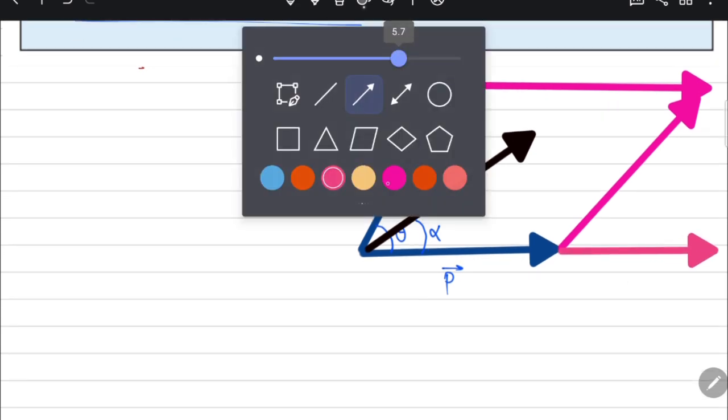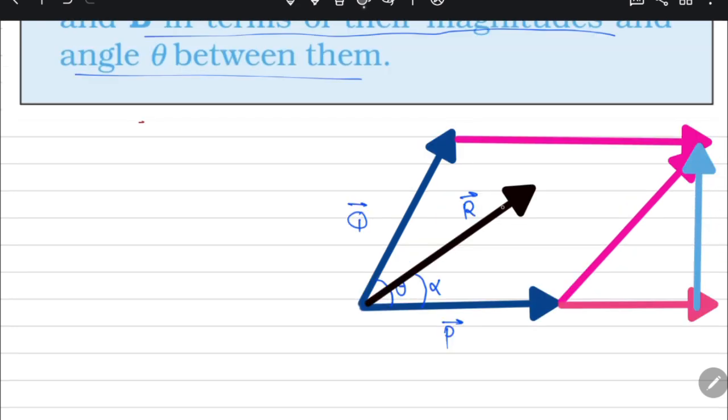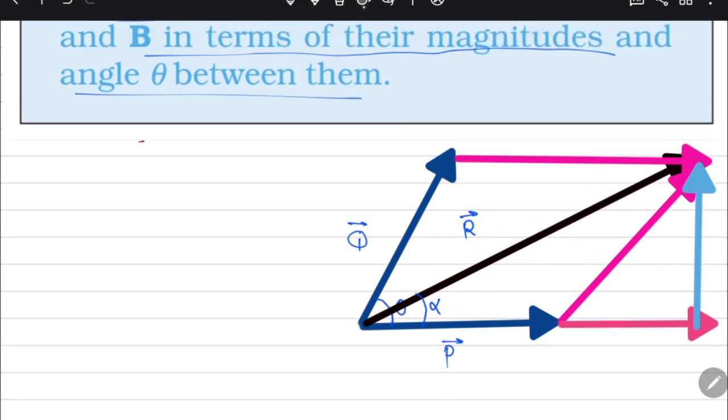And what about this vector? Like this. Just one minute. I expand this vector. This angle is alpha. So by parallel vectors theorem, this is Q vector, so this is also Q vector. And this angle is theta. This is P vector, so this is P vector.